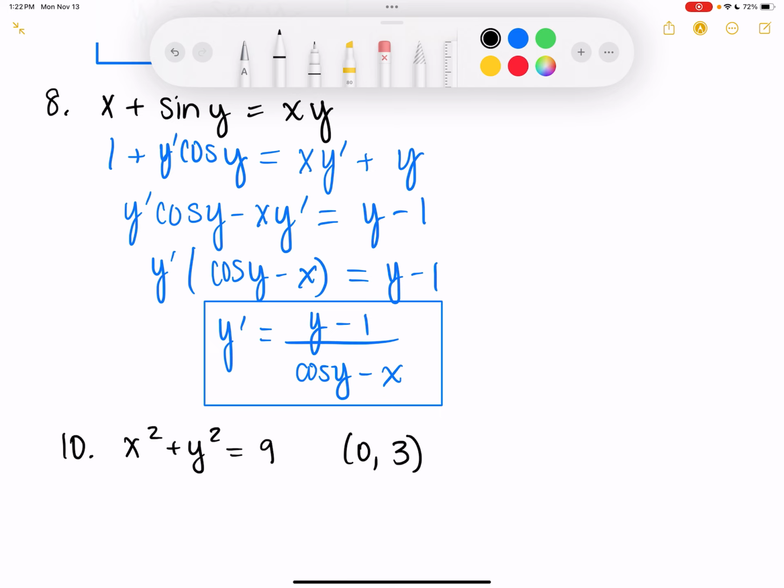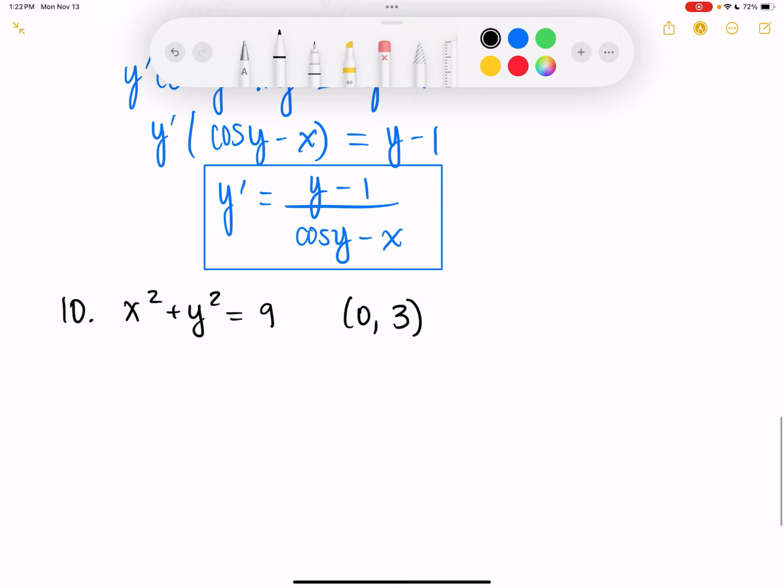We actually might have time. How do I differentiate this? The derivative is 2x plus 2y y prime equals 0. Okay. Now I still need to get y prime by itself.